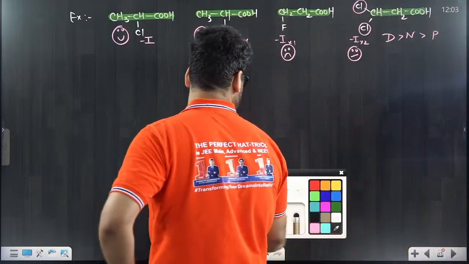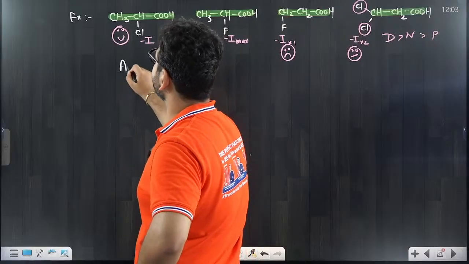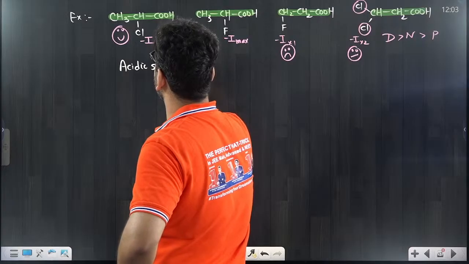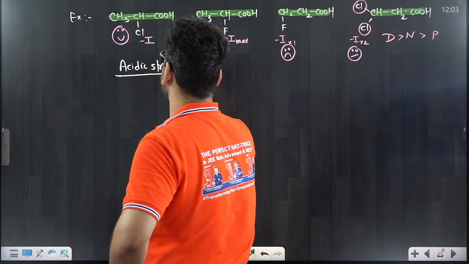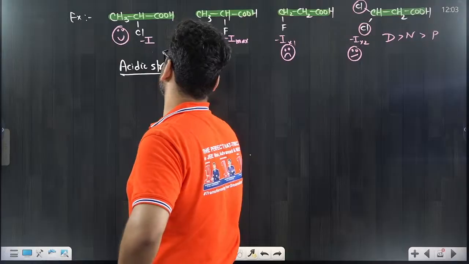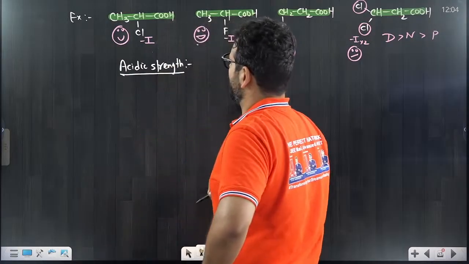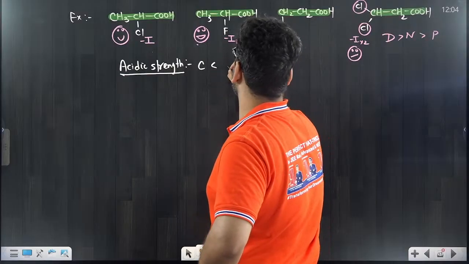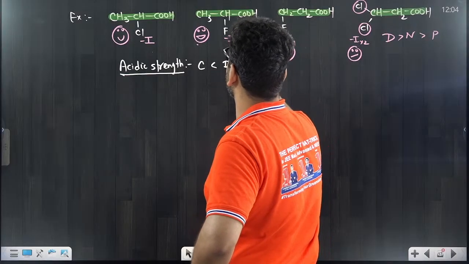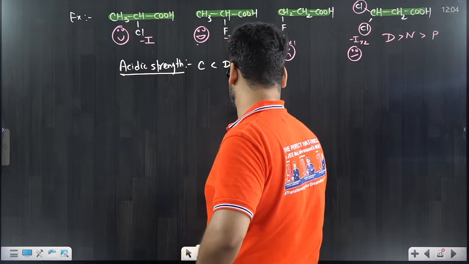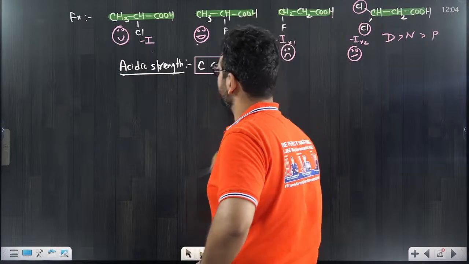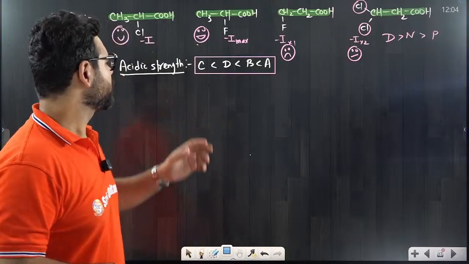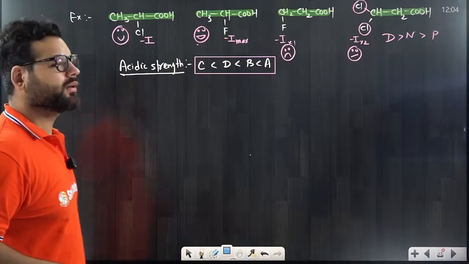So here the order becomes for acidic strength. You will get it as the worst one is C, then D, then B, and A is the best acid. This is how you check the, yes, 2, 3, 4, 1. Not 2, 3, 4, 1.